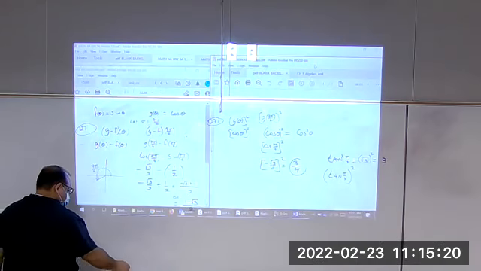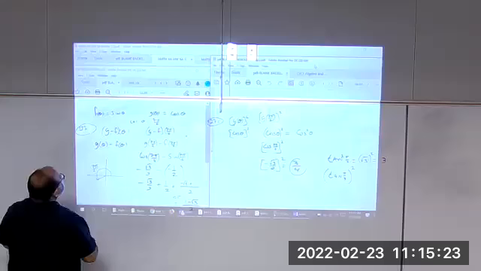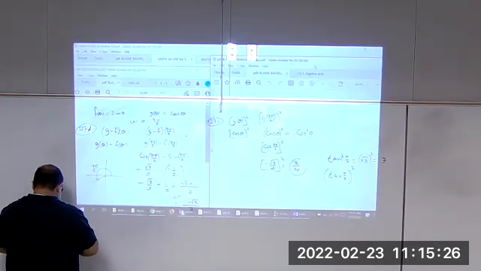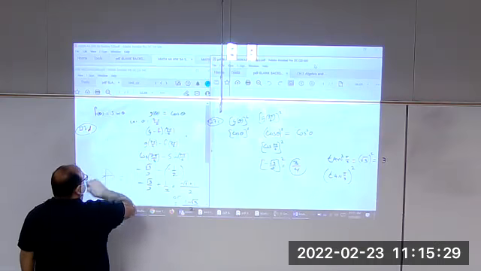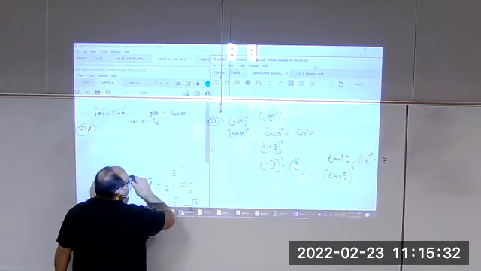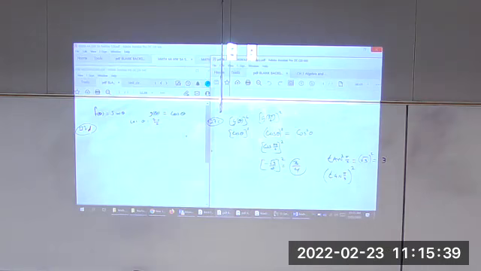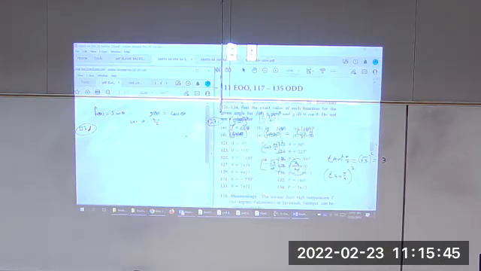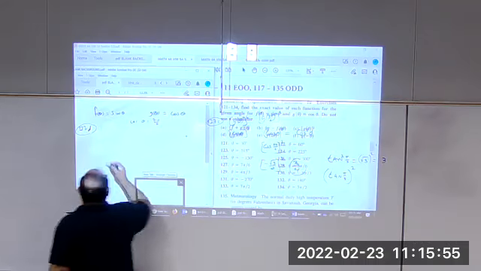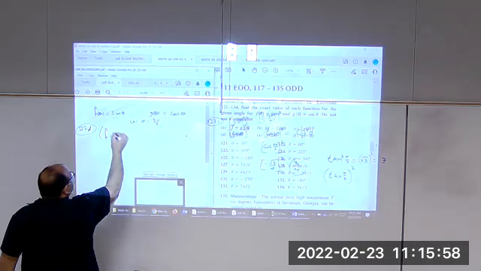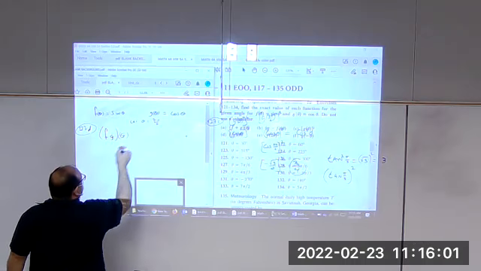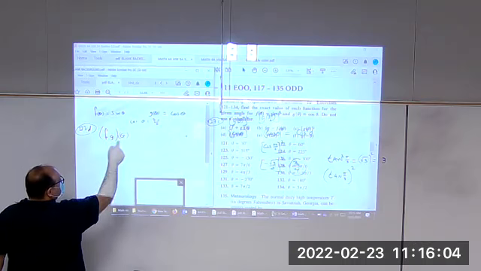On D, we are doing f times g of theta. And how do you expand f times g of theta?